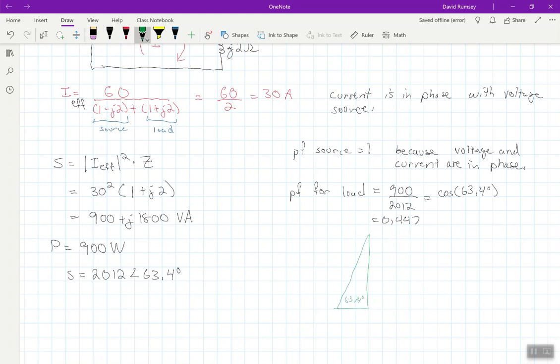This is 63.4 degrees, and this is 900 down here. This is 1800, and this is 2012 as far as our units go. And so we can see we did 900 over 2012, but that's just cosine of 63.4 degrees.